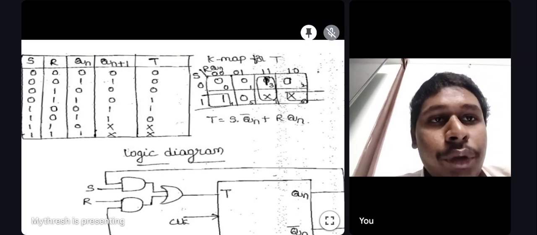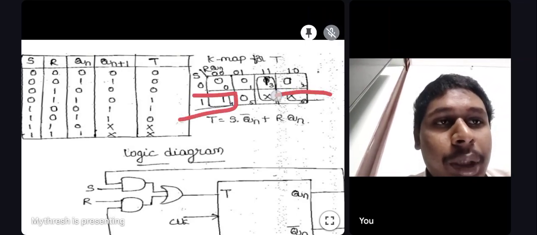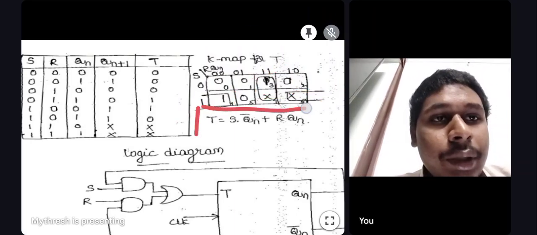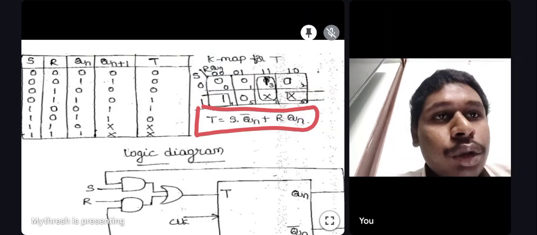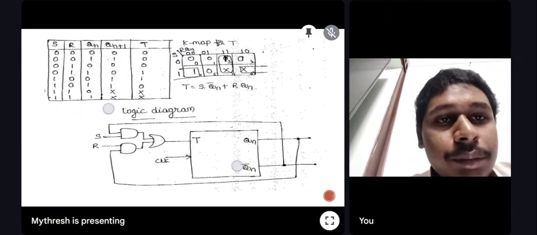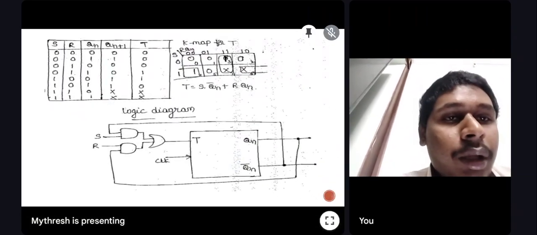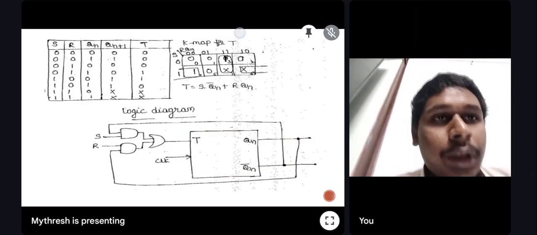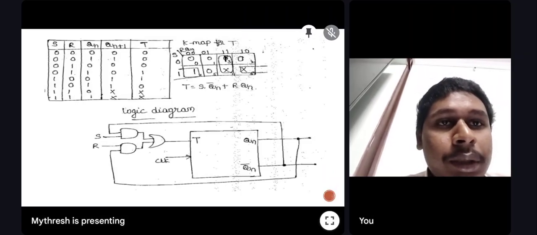So if we do the pairing like this, we will get this. After the pairing is completed, we will get the equation. If we write the equation, we will get T is equal to this. Then first we have to draw a toggle flip-flop like this. After drawing the toggle flip-flop, we have to apply the T condition.